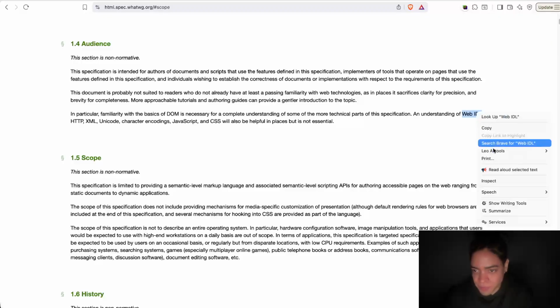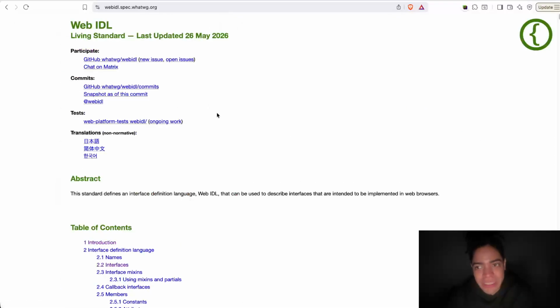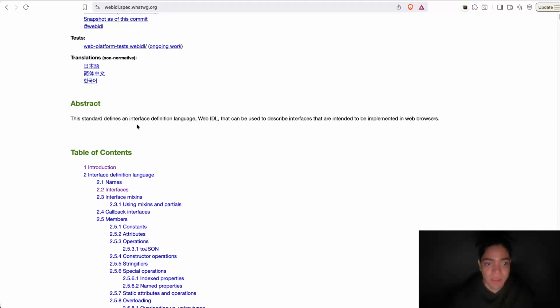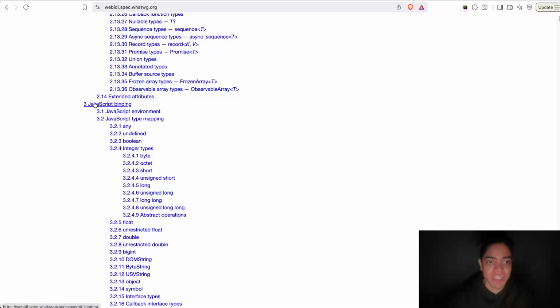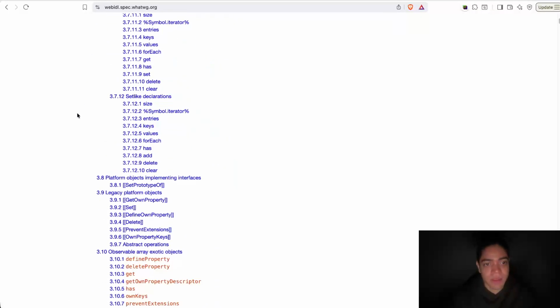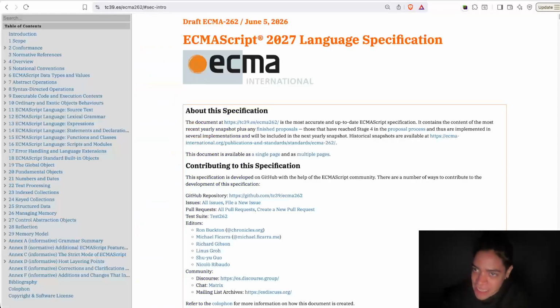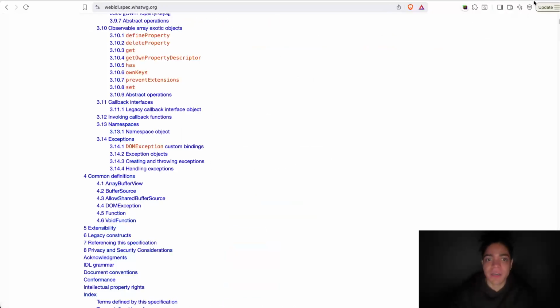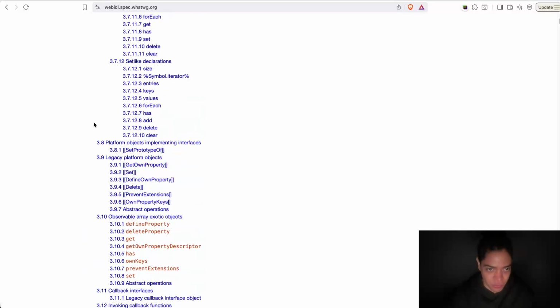Web IDL, which is a fancy way to say, hey, what are the APIs that browsers support? Okay, and here you can have all of the different things that it supports. It also supports now JavaScript bindings, right? And here is when you're starting to understand how the language, particularly ECMAScript, communicates with the environment, the platform, the web, which now exposes this functionality to the language so you can have access to it, right?